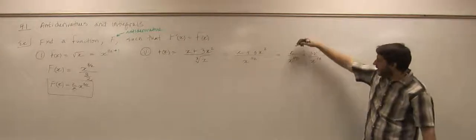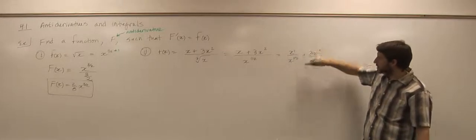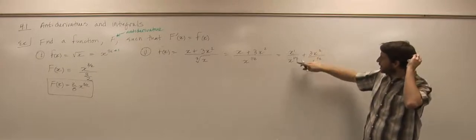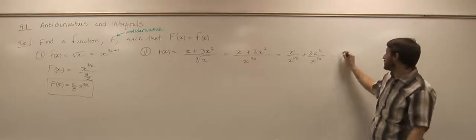And what happens when you divide like bases? What do you do with the exponents? Subtract. So x to the 1 over x to the 1/3, subtract the exponents.